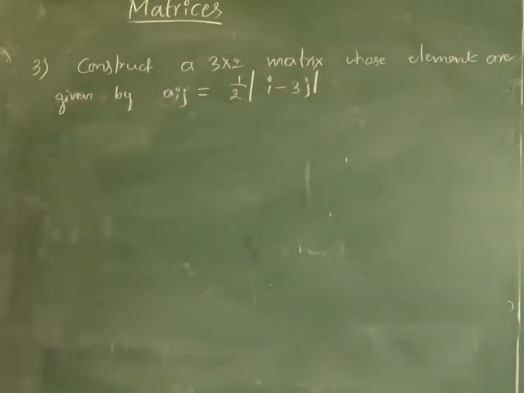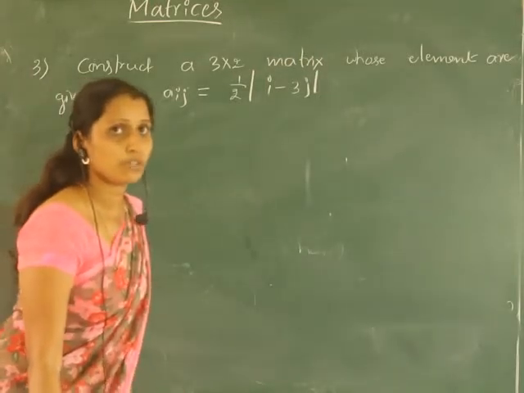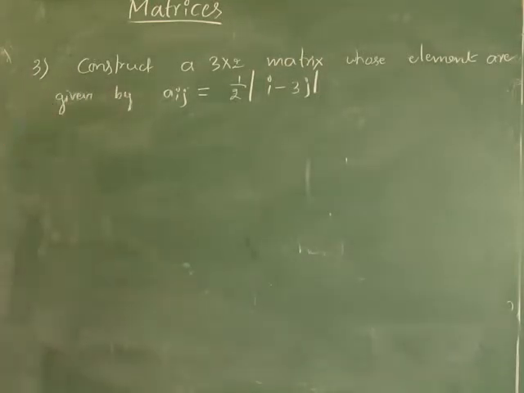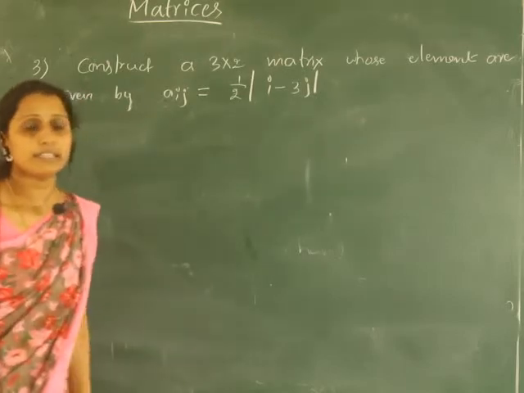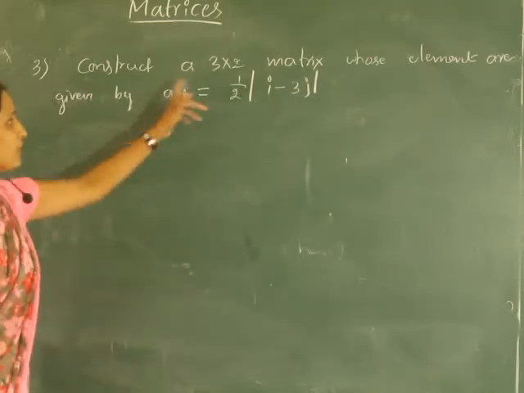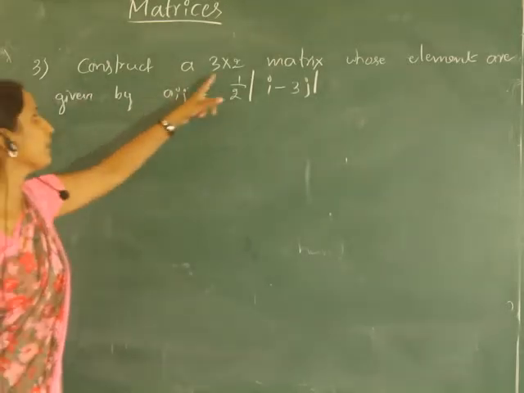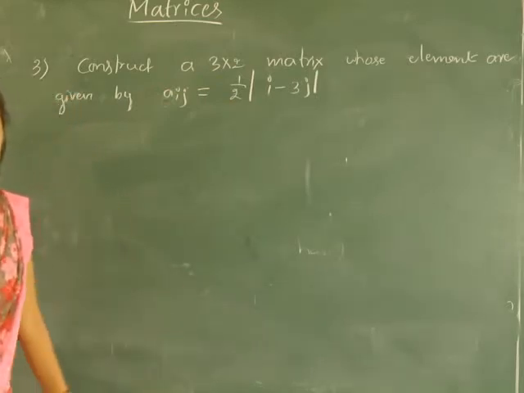So we have to construct a matrix of order 3 cross 2. We have to find out the elements, which are given in terms of i and j. First we write the general matrix of 3 by 2, considering the elements as a11, a12 and so on.